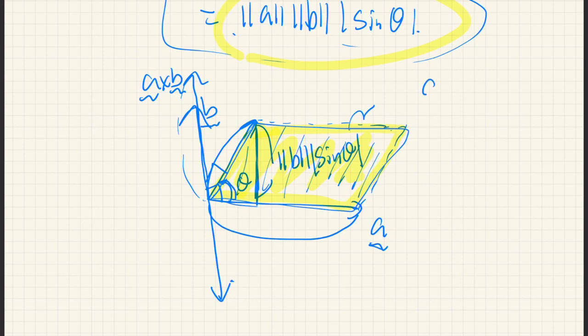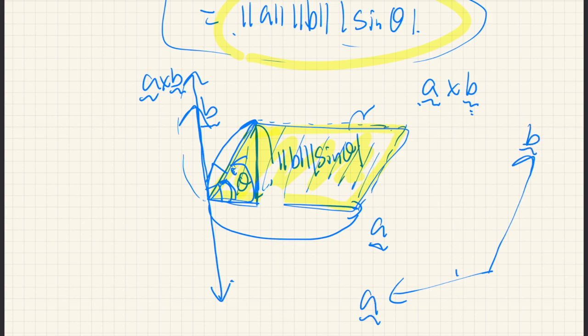So if we calculate A cross B, A first and B next, in that case, we measure the angle between A and B from A to B, okay? So in this direction. If A is here, B is here, the angle is measured in this direction.